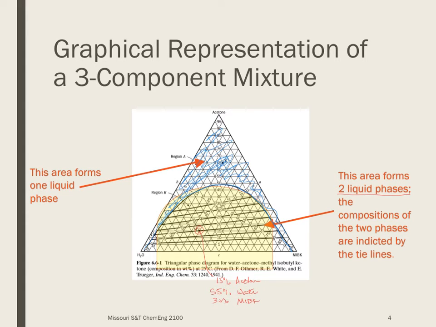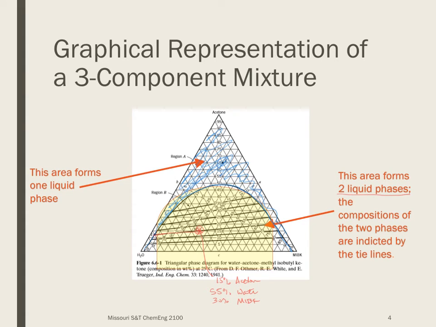But if I put that in there, what I see is that it's in this two-phase region, and it's going to split into two different liquid phases, something like oil and vinegar in salad dressing.